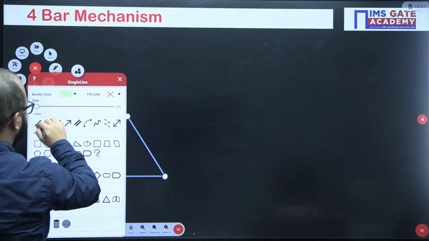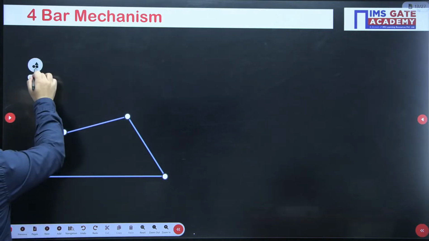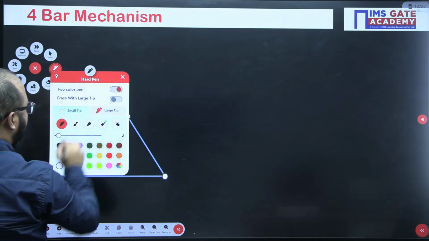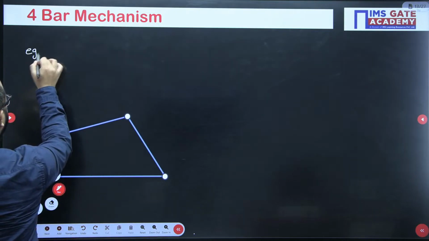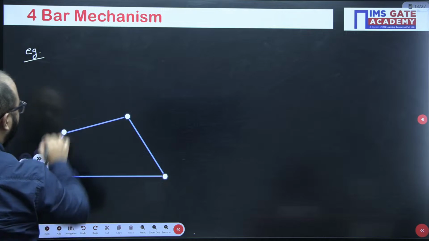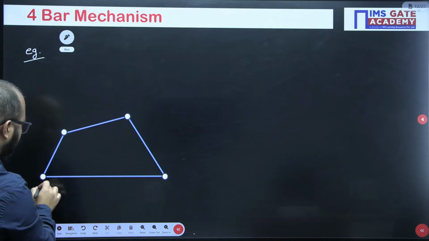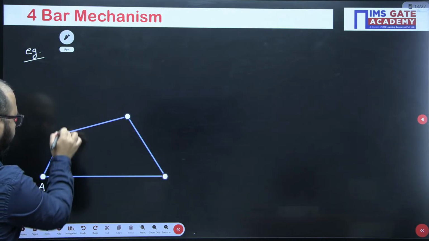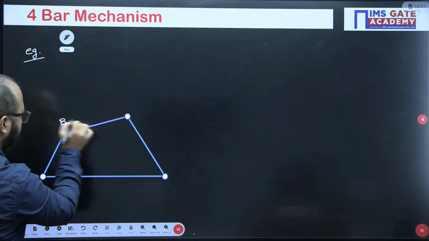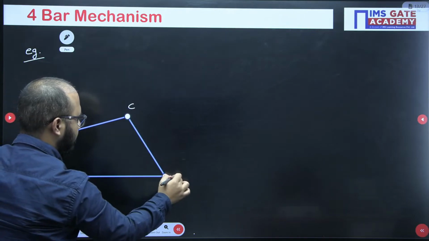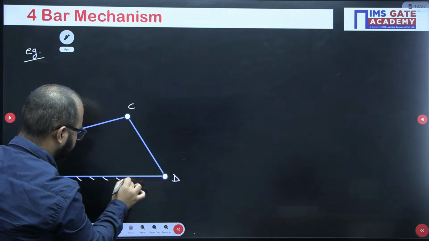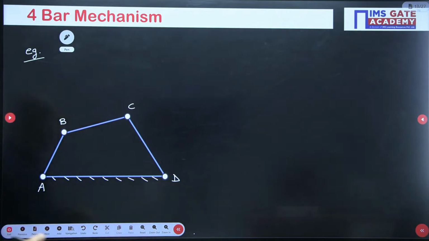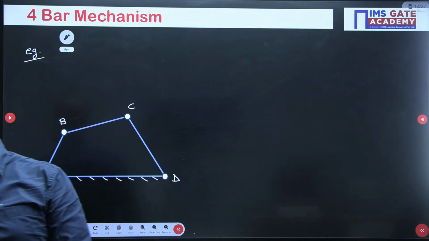Let me first write down the names as well. This is point A, this is B, this is C, and this is D. The AD link is fixed. Okay, AD link is fixed, everyone.